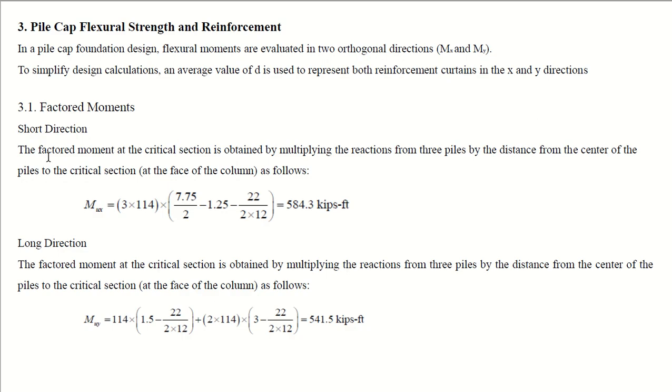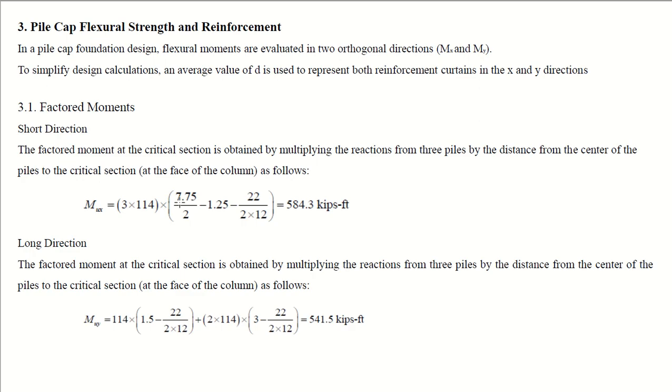So in the short direction, the factored moment at the critical section is obtained by multiplying the reaction from three piles by the distance from the center of the pile to the critical section, or at the face of the column, as follows. There are three piles, the capacity of each pile or demand on each pile is 114, right?